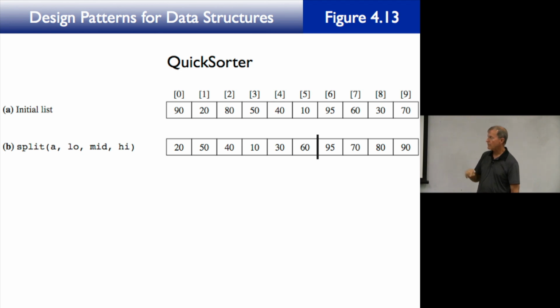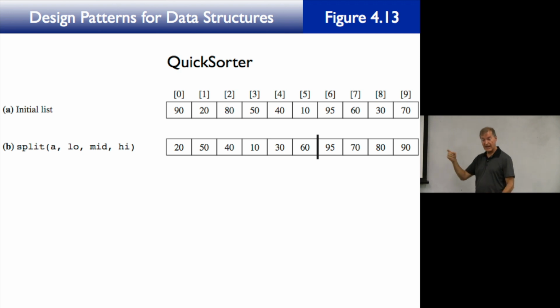So what did split give to the value of mid in this particular one? 6 is correct. It set the value of mid to 6, and it guaranteed that all the numbers between 0 and 5, that is, mid minus 1, are less than or equal to the numbers between 6 and 9. Okay?